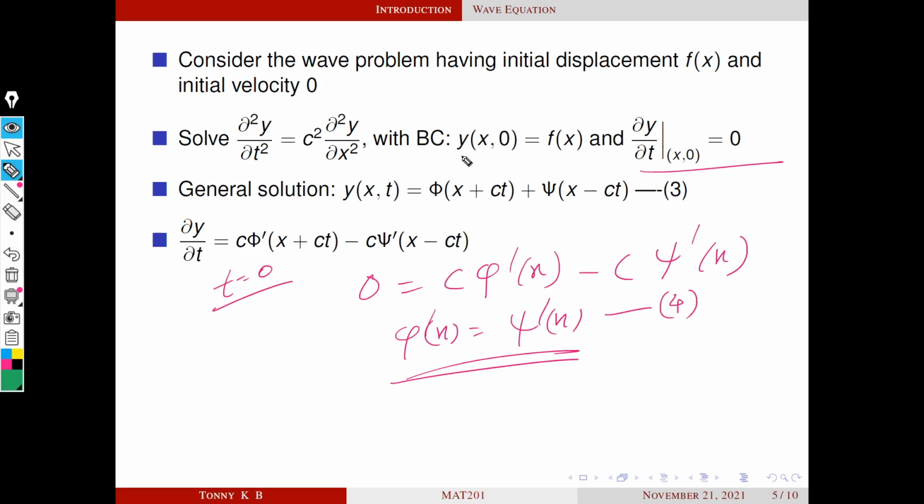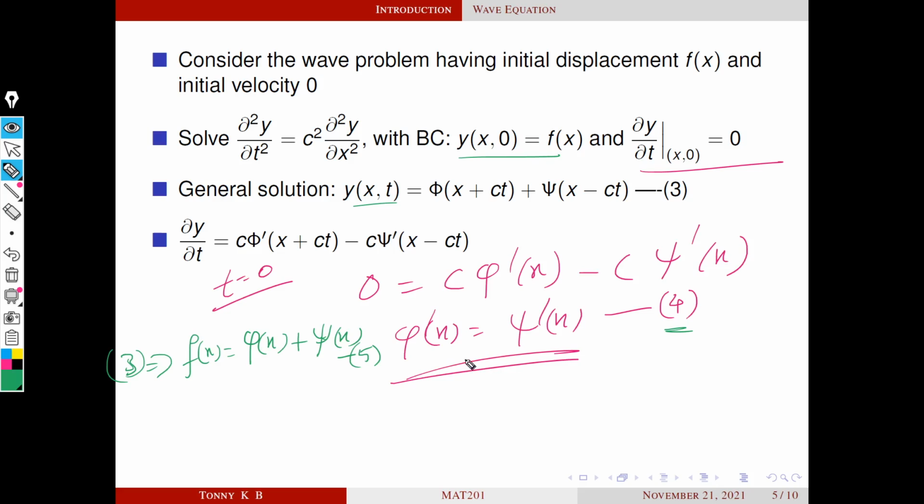Next we are going to apply the other condition on y(x,t). Then what is the relation? When t = 0, the LHS is f(x) and the right hand side is φ(x) + ψ(x). Then next we are going to integrate equation number 4 with respect to x.